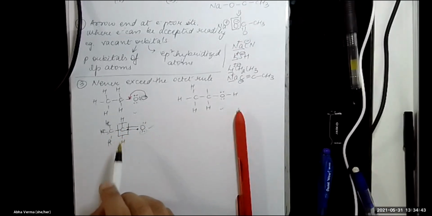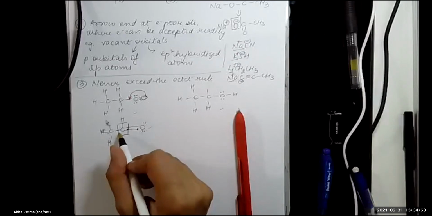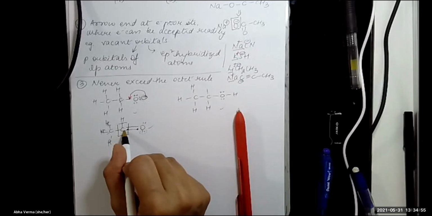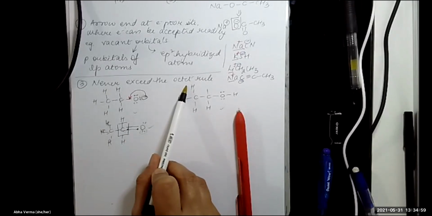No. Very good. This carbon's octet is violated. The electron goes to make more bonds than necessary for this carbon. You cannot do that, and you're now violating or exceeding the octet rule.